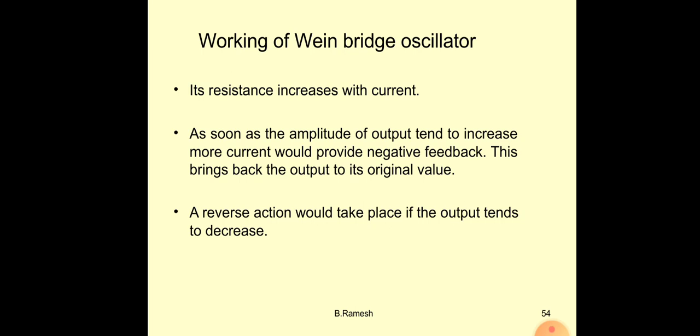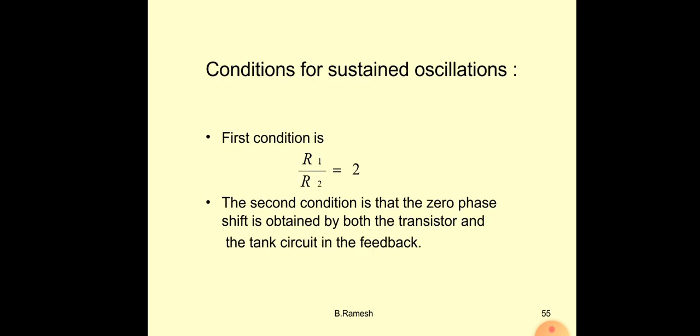Its resistance increases with current. As soon as the amplitude of output tends to increase, more current would provide negative feedback. This brings the output back to its original value. A reverse action would take place if the output tends to decrease.